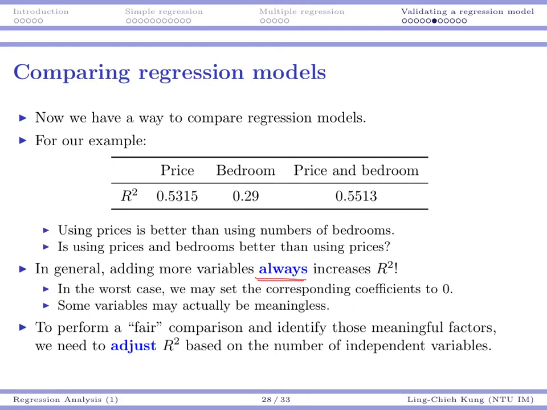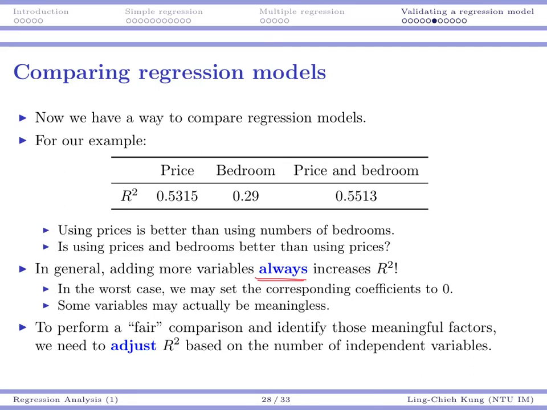And actually some variables may be meaningless. So at least you know one thing. When you do multiple regression, do not add as many variables as you have into a model. You're going to have a very high R squared, but your model can just be meaningless.